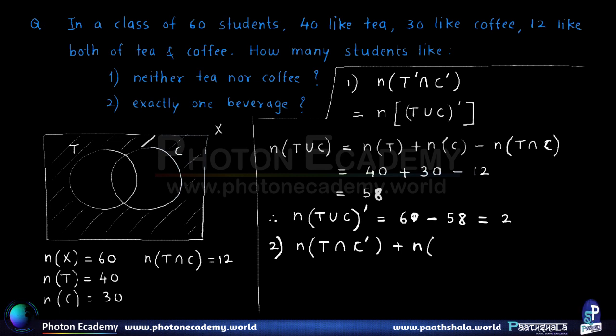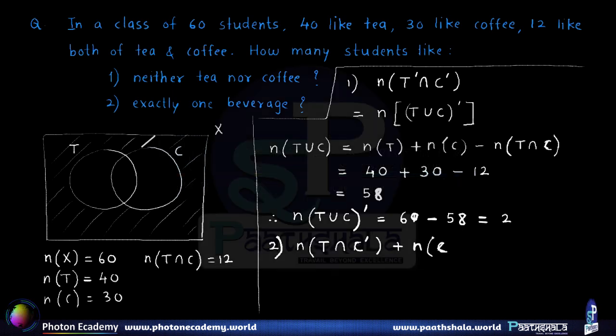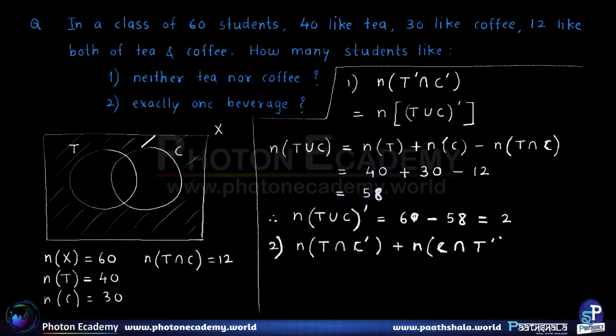C intersection T dash. So therefore it is C intersection T dash. Now let us do this calculation from the diagram itself. That is, in the intersection we know that there are 12 people.